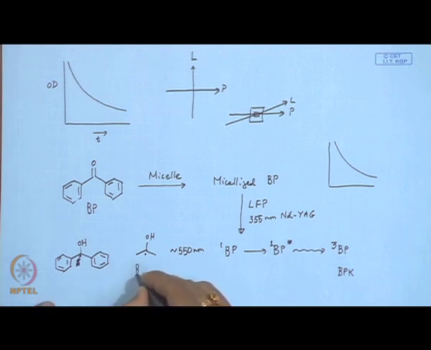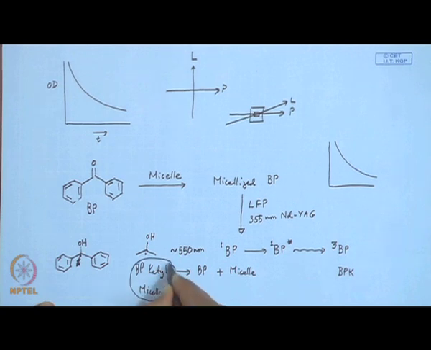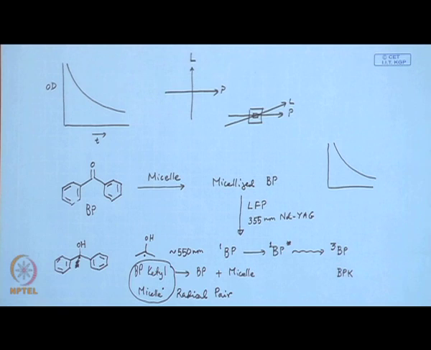So, benzophenone BP ketyl will produce BP plus your micelle. Okay. So, benzophenone ketyl and your micelle dot is called a radical pair. That is why this radical pair can undergo several reactions which are very interesting.